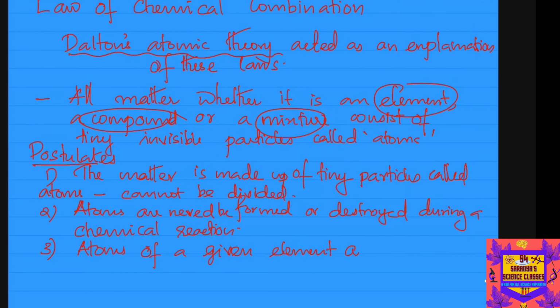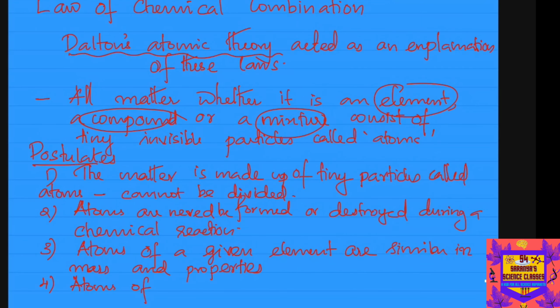What about atoms of different elements? Atoms of different elements exhibit variant nature. That means atoms of different elements have different masses and different properties also.